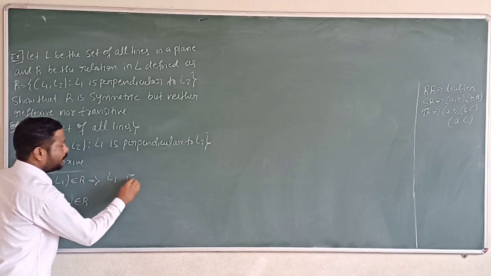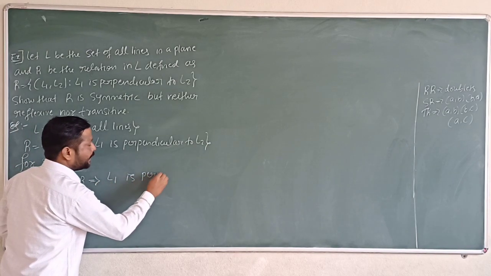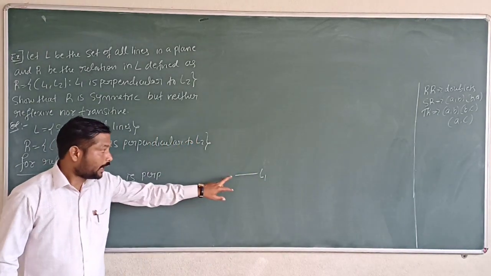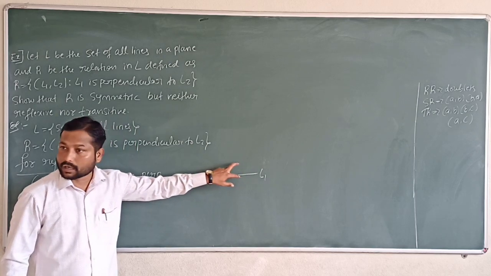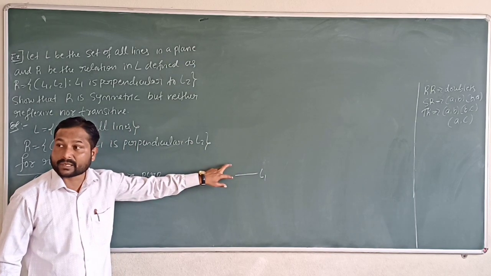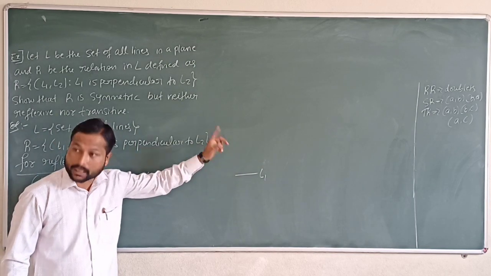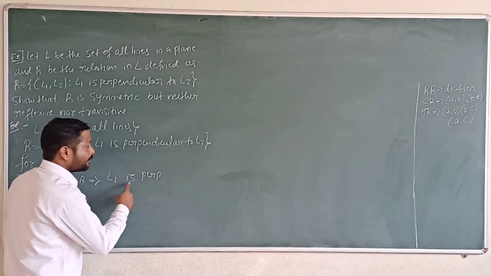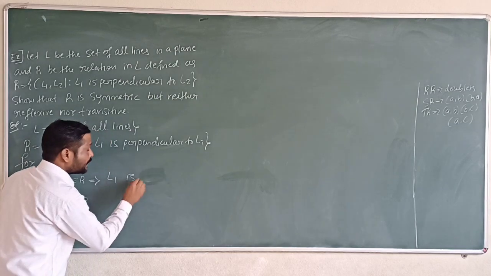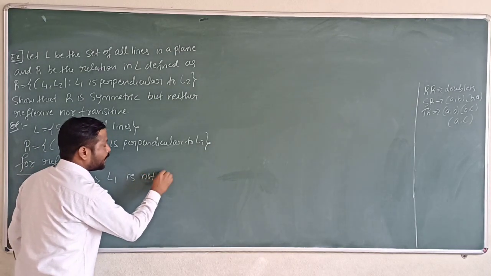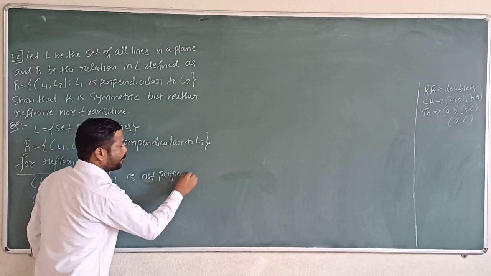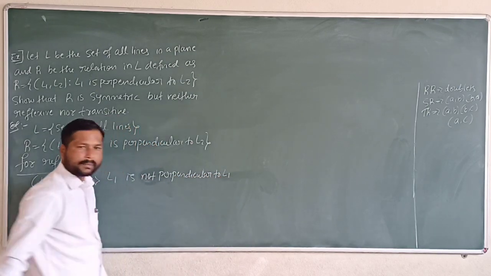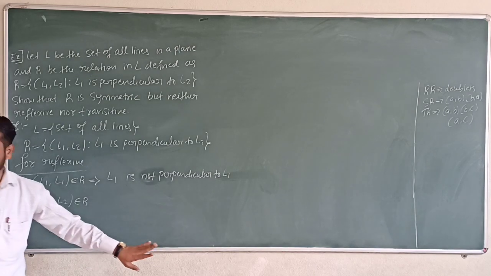L1 is perpendicular to L1? This L1 line, again L1 meaning the same line. Will it be perpendicular to itself? No. To be perpendicular, we need another line's help, correct? So therefore L1 is not perpendicular to L1, that is, the L1 line is not perpendicular to itself. Very good.